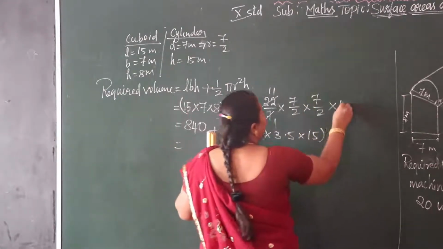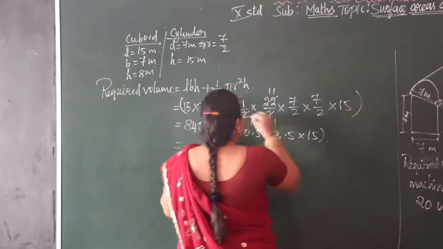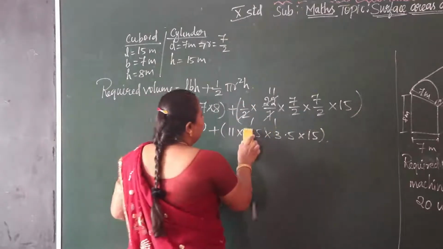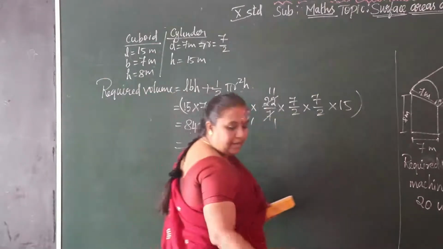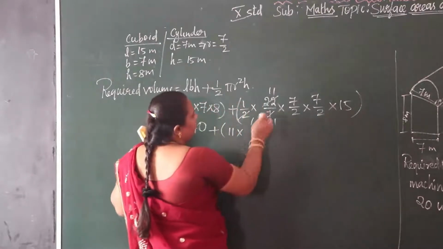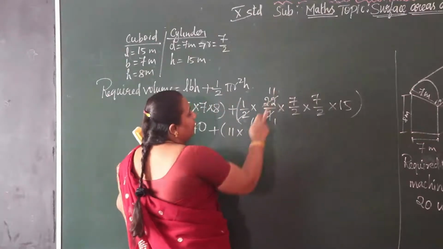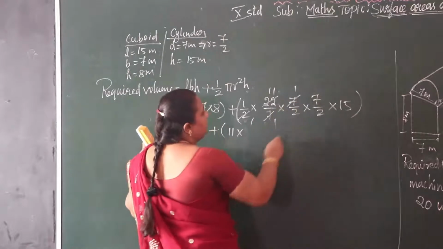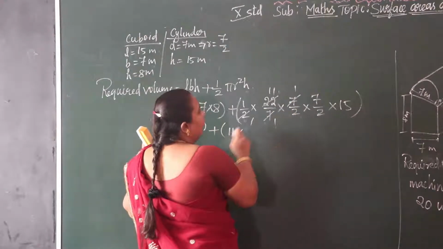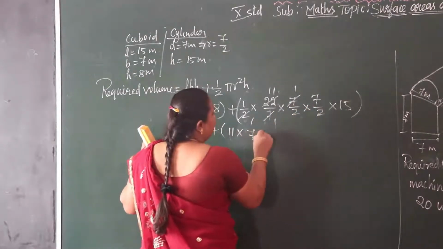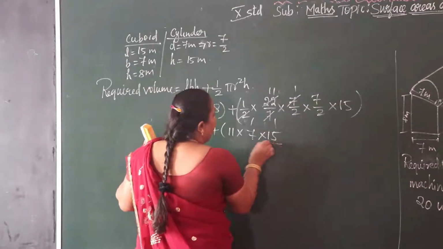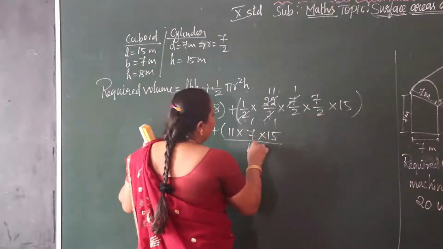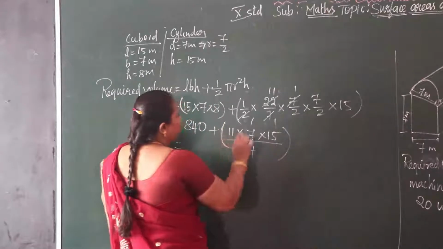So h is 15. So we take it like this. Here we are having 2 11s are 22, 7 ones are 7, 7 ones are 7. So here 11 into 7 into 15 by 2 into 2, 4. We are having like this.